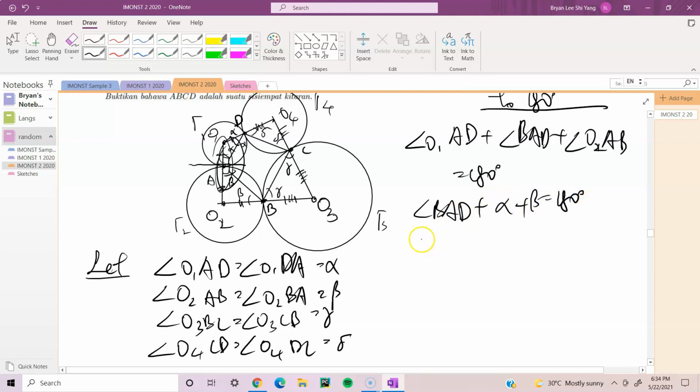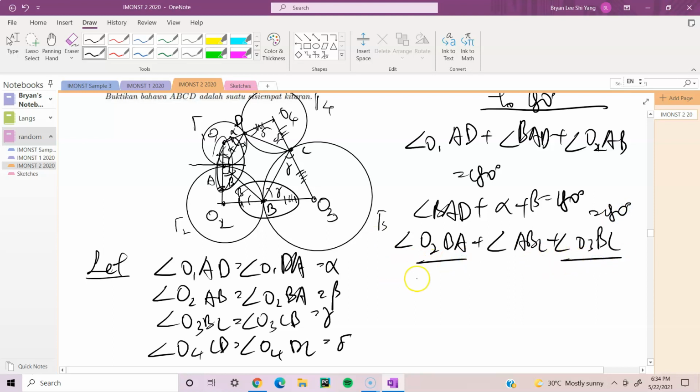Now, for this area, we can look at angle O2BA plus angle ABC plus angle O3BC equals 180 degrees. So this one and this one we have given notation before. So this one is just beta plus angle ABC plus, no, O3BC is gamma, is 180 degrees too.